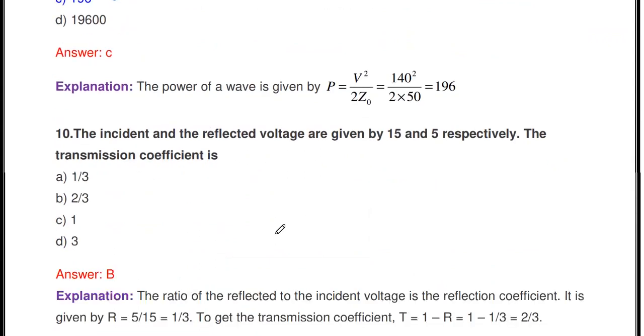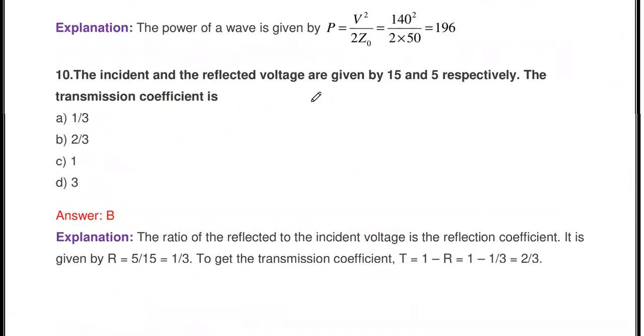Then the next one: the incident and reflected voltages are given by 15 and 5 respectively. The transmission coefficient is dash. The incident voltage is 15 and the reflected voltage is 5, and the question asks for the transmission coefficient.